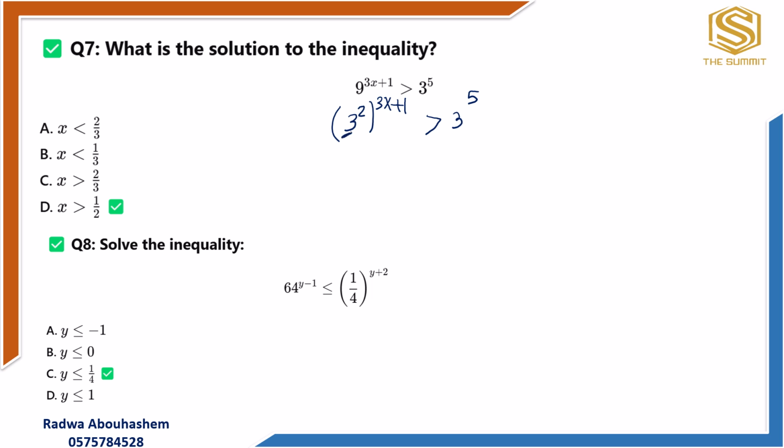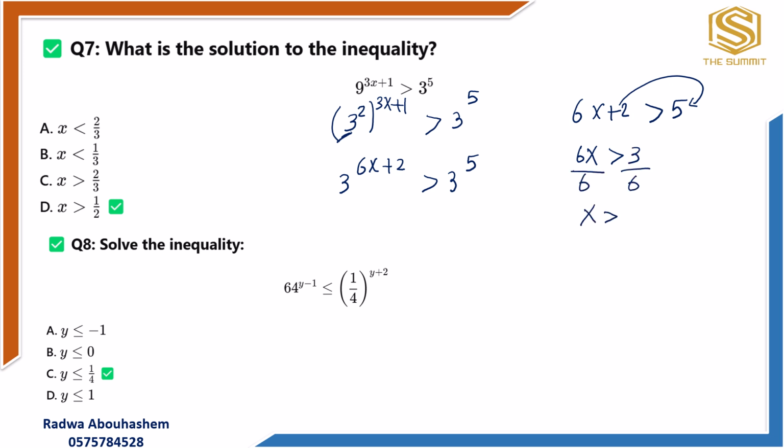As you see here, 3 is greater than 1, so I'm not going to change it. So it would be 3 to the power 6x plus 2 greater than 3 to the power 5. Now let's isolate. So 6x is greater than 5 minus 2, which gives me 3. Divide by 6. So x is greater than a half.